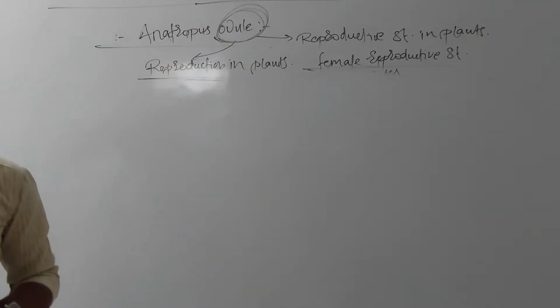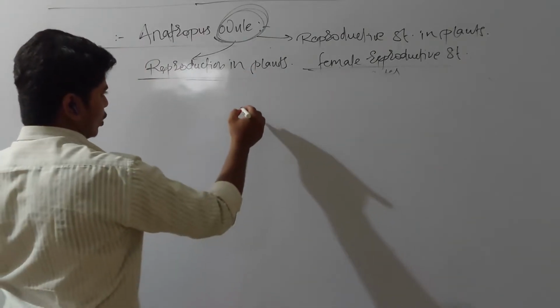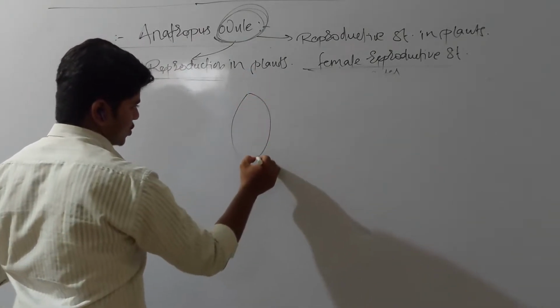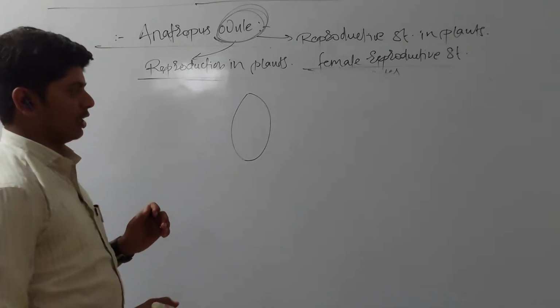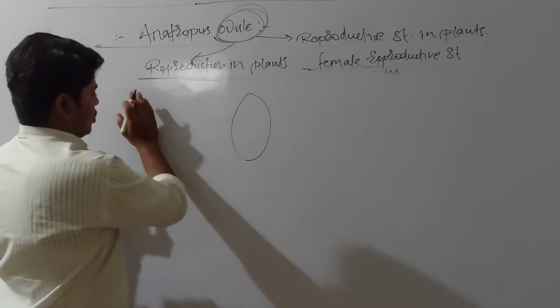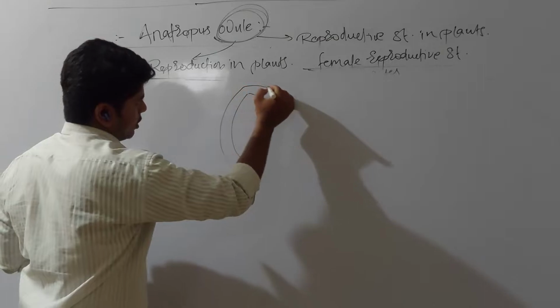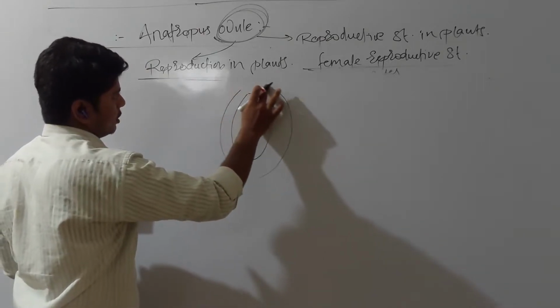So this is basically how the structure of the ovule looks. This is the internal structure. I will tell you more, just please focus on drawing the diagram.